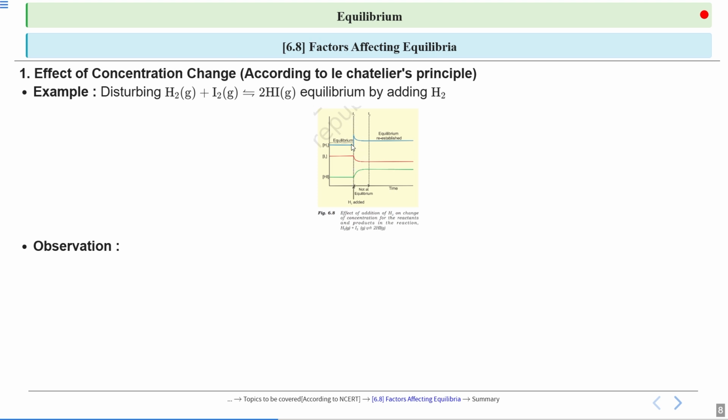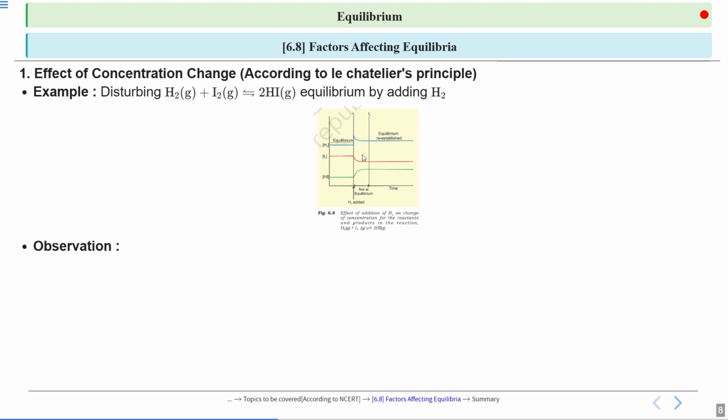As a result, what will happen? The concentration of H2 will increase, right? Then after some time, it will start to decrease. You can see that there is a slight downfall in the graph of the H2. It is indicating that your H2 is consumed at this point, and it is consumed until the line again becomes straight.